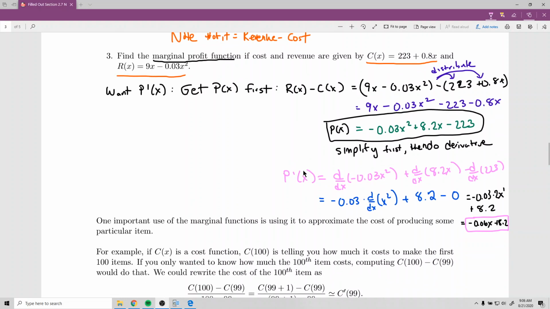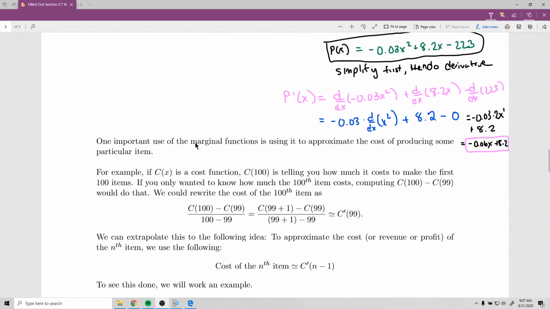Right, so the next little section here, it's kind of useful. It shows you how powerful the derivative is. And I have kind of an example worded out. So one important use of marginal functions is using it to approximate the cost of producing some particular item.